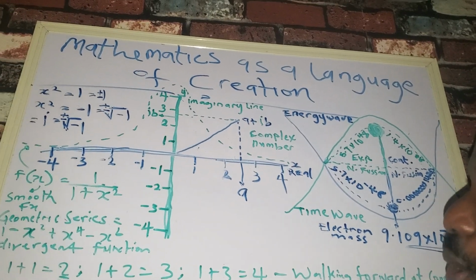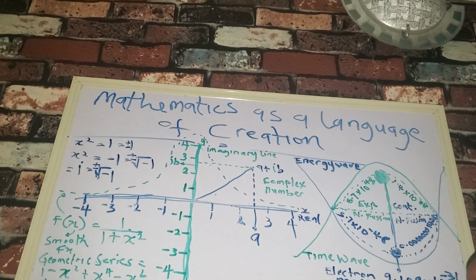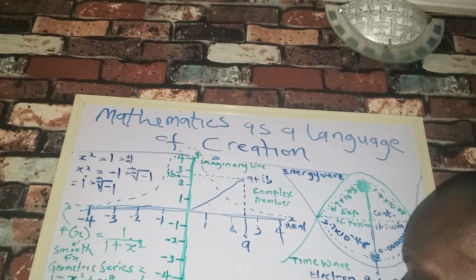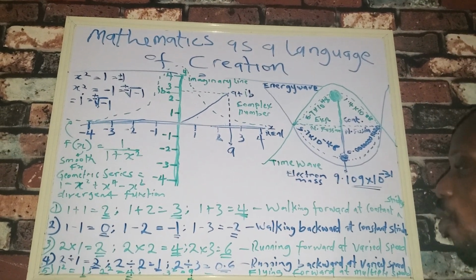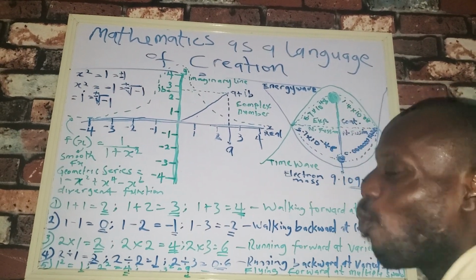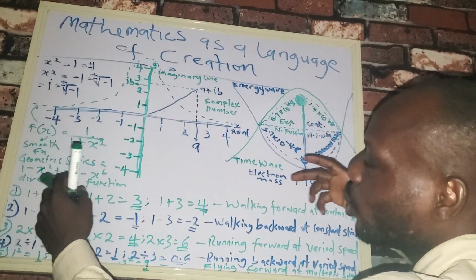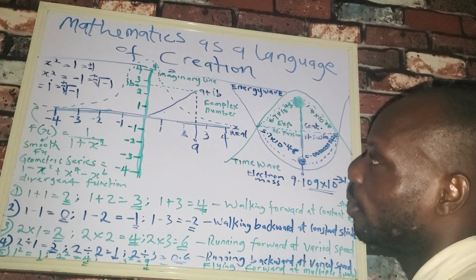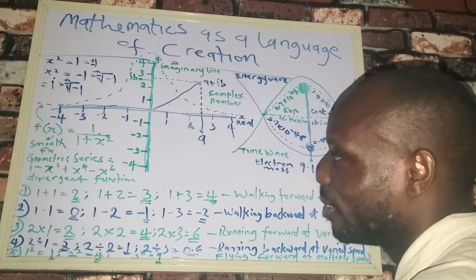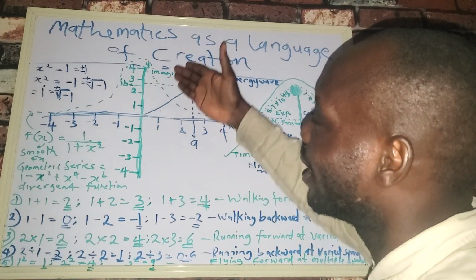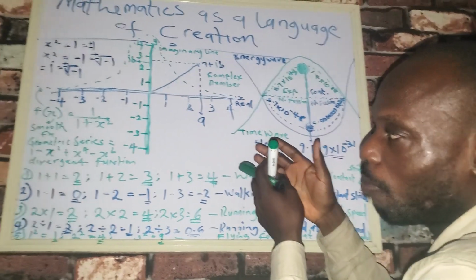But the problem with this particular function is that when you extend it by geometric series, it gets divergent when x is 1 or x is minus 1. Why must a function that in our real world is so convergent, so smooth and continuous, get divergent on another plane?